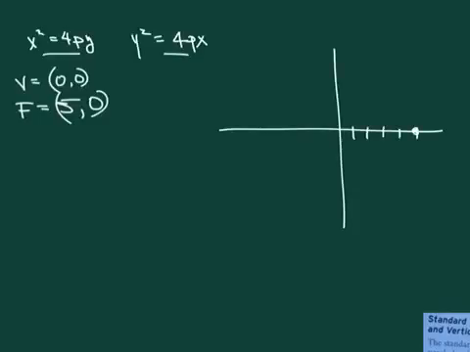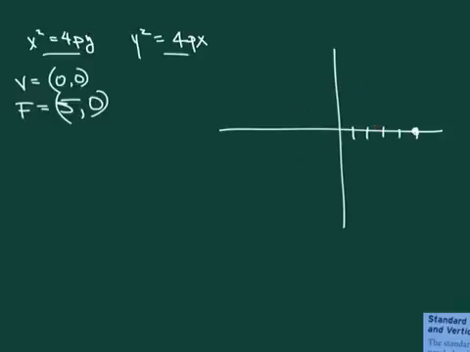Whenever the focus is on the x-axis, or whenever there's a number in the x position here, then your parabola will open this way, because it wraps itself around the focus. Whenever the focus is up or down, it's when the y value has a number, because then the focus would be up here, and then it would wrap around this way.